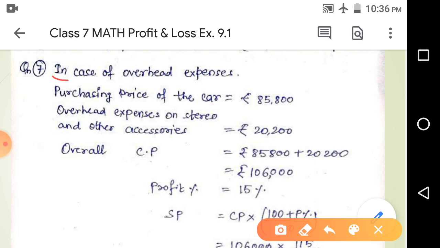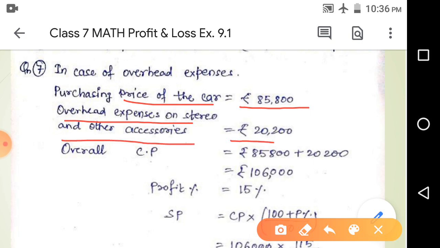Here we have the overhead expenses. That means first the car is purchased worth rupees 85,800, and there is some overhead expenses on its stereo and some other accessories, worth rupees 20,200.